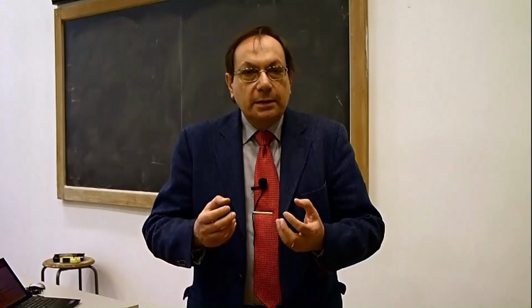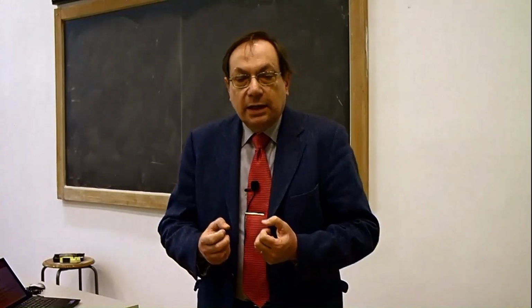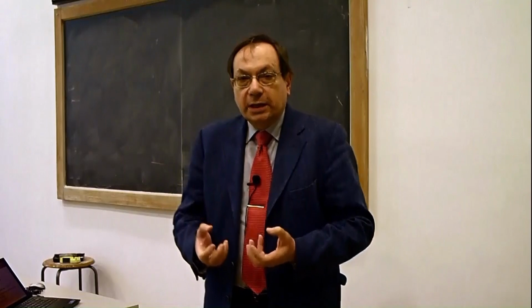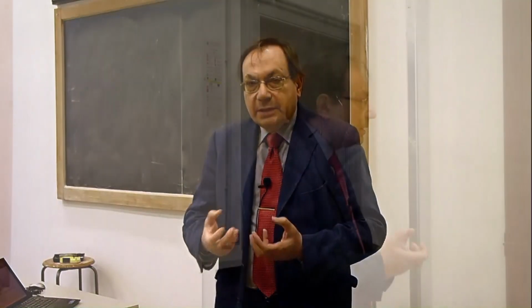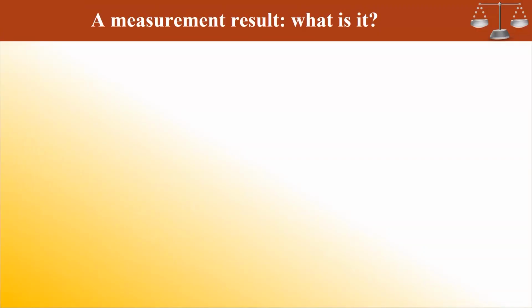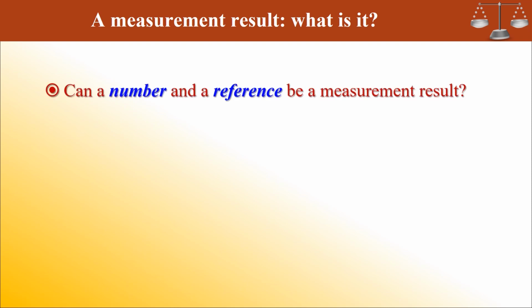So now we may ask another question, looking at this model. What is a measurement result? Can we state that a single number and the reference are a measurement result? Well, of course not. Why?